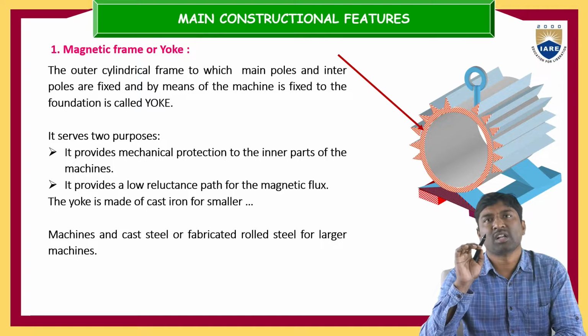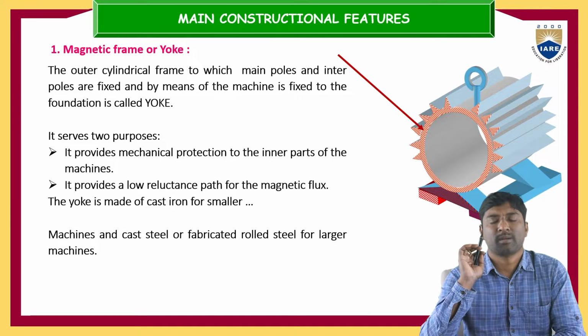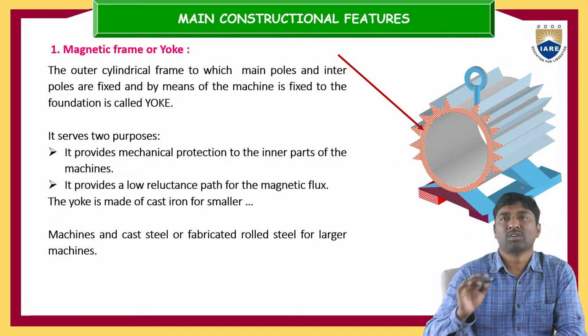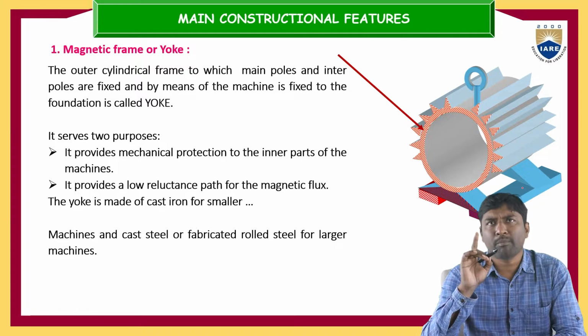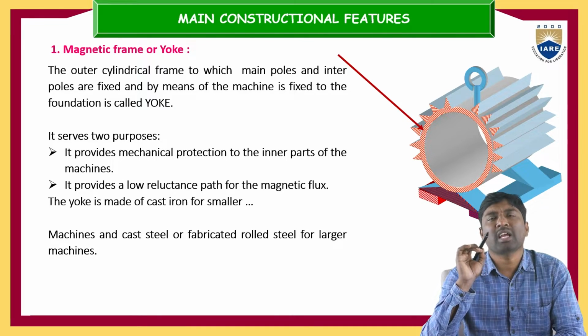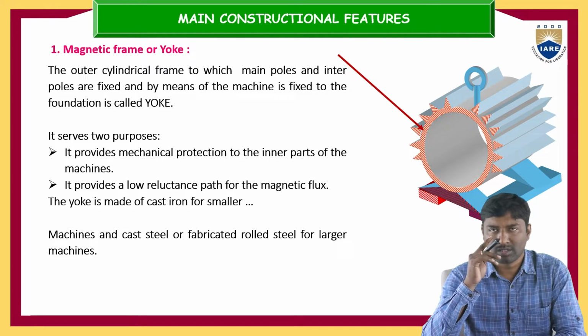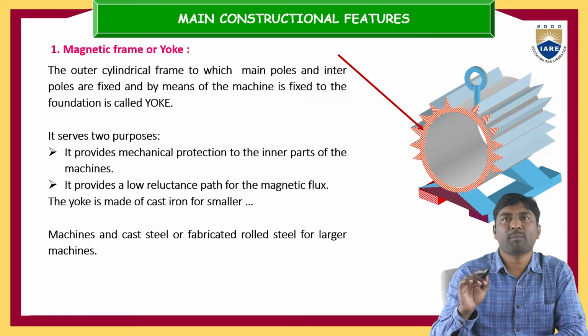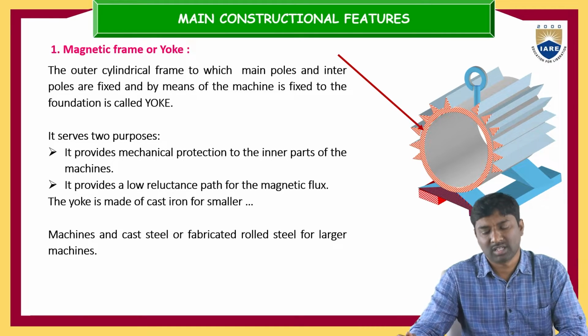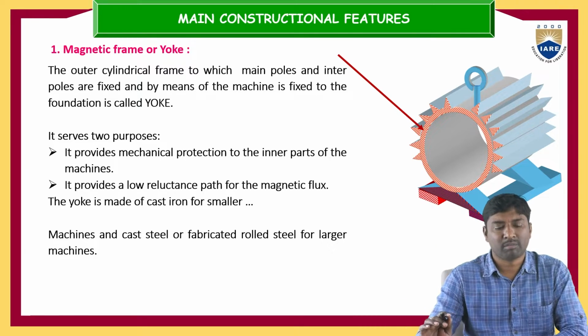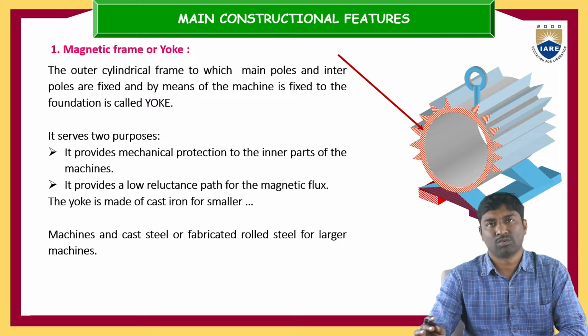So this is the yoke. The main purpose of the yoke is to provide mechanical protection to the inner parts of the DC machine. It is made up of cast iron. Okay, so this is about the magnetic frame or yoke.